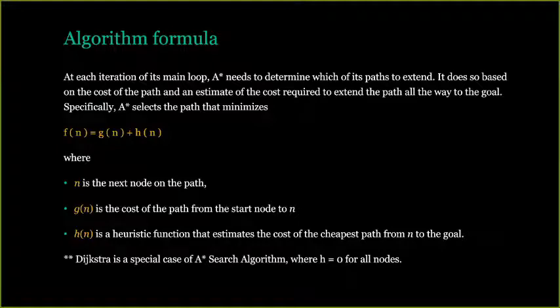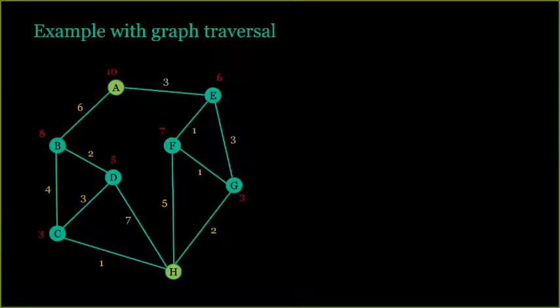As no formula is understood and remembered until it's applied, let us proceed with our example of the A-star search algorithm. As you can see on the picture, we have a weighted graph with 8 nodes and 12 edges. A is the starting point and H is the ending one.